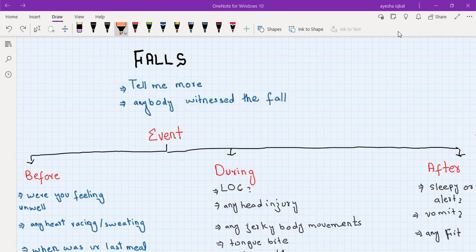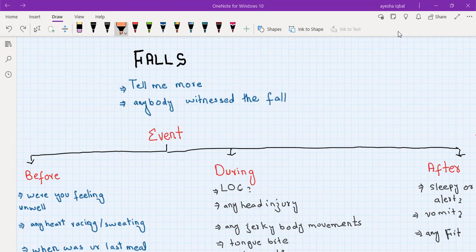As I have discussed in the previous videos, whenever a patient presents with any pain in any part of the body, the history should be SOCRATES, that is site, onset, character, radiation, aggravating and relieving factors. If the patient has any other symptom apart from pain, we ask ODIPARA, that is onset, duration, intensity, progression, aggravating and relieving factors.